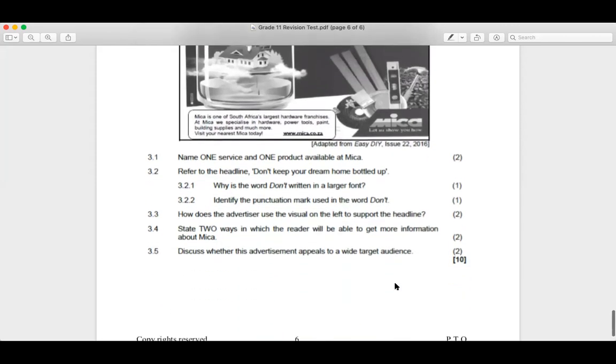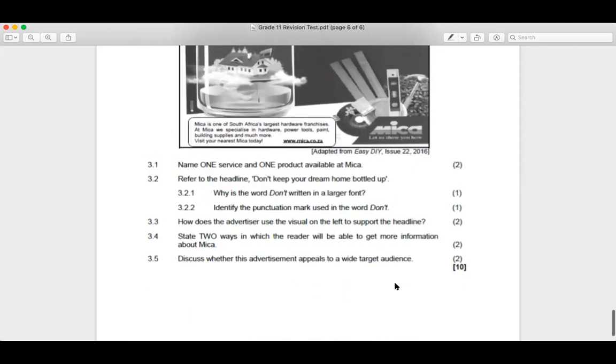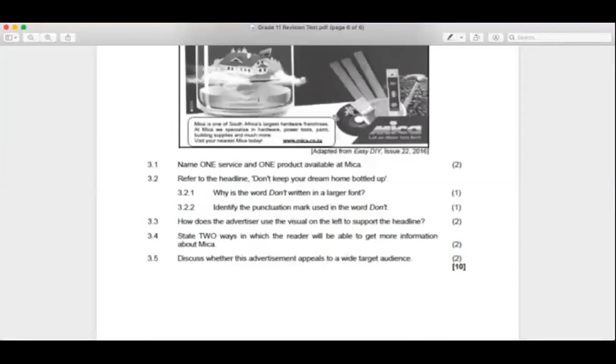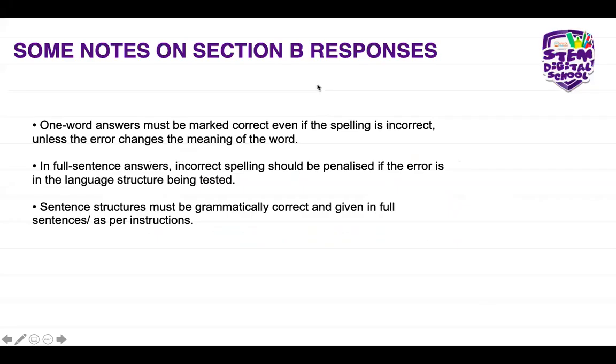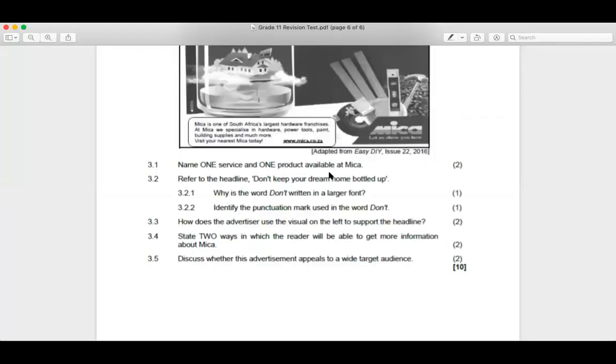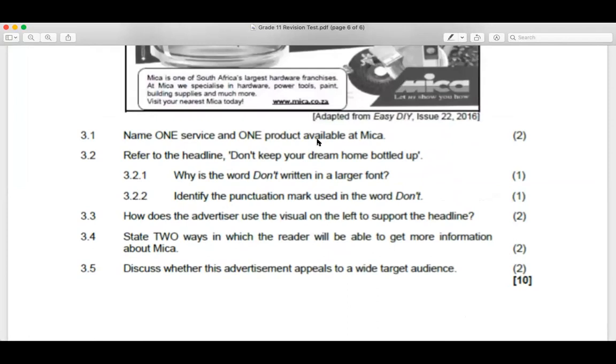Okay, there are the questions. Five questions, out of 10. Beautiful, easy stuff. I want you guys to be very careful about something when it comes to visual literacy: both adverts and cartoons need your language.